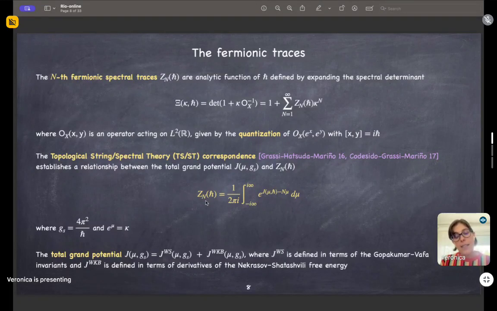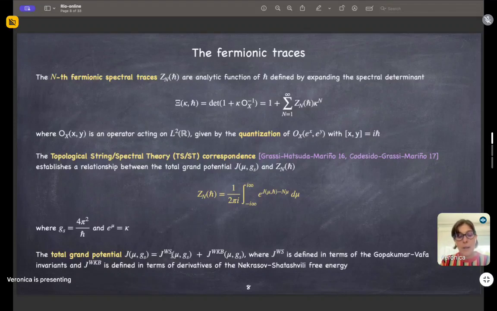which is here in yellow. In particular, the topological string side of the correspondence is encoded in this function J, which is called the total grand potential. So what this function J encodes, I will not give you the definition explicitly, but it contains two contributions, what is called the worldsheet and the WKB. The worldsheet is defined as a generating function of the so-called Gopakumar-Vafa invariants.